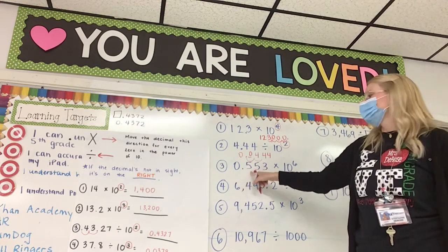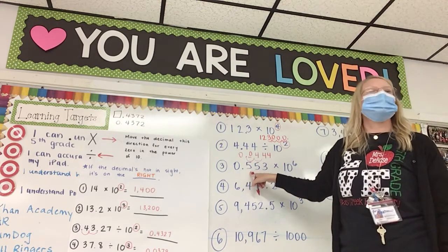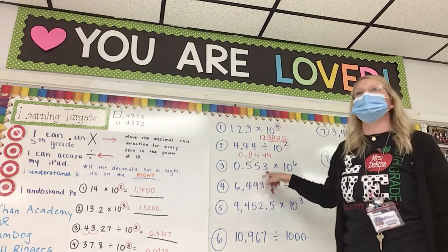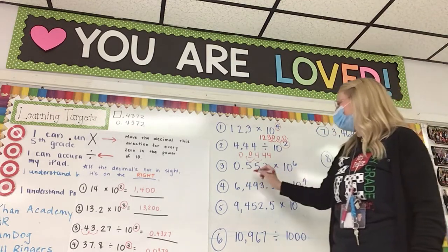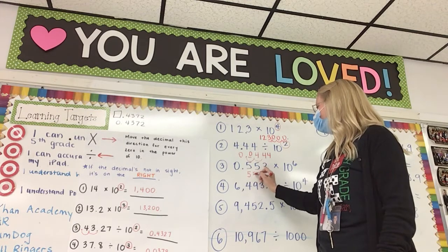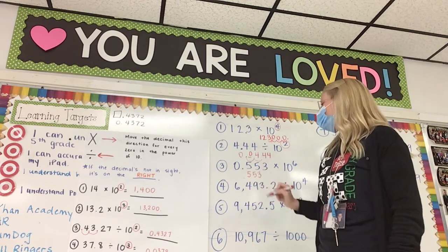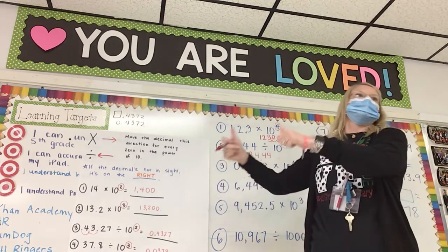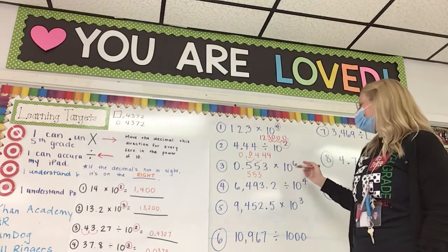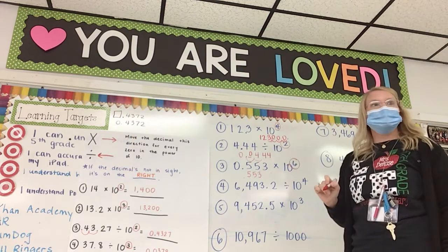All right, my next one, I have 0 as my whole number. So say this number with me, 553 thousandths times 10 to the 6th power. So I'm going to rewrite 553. My decimal's right here. I am multiplying, so that tells me I'm going which direction? To the right. How many times? 6 times.